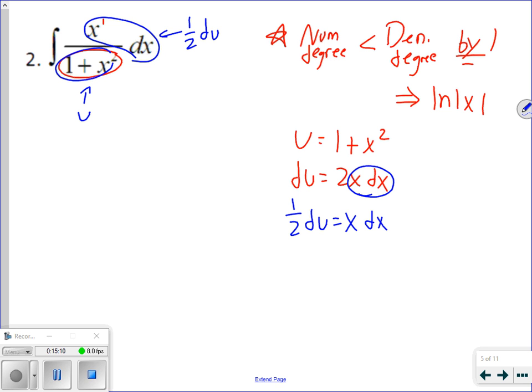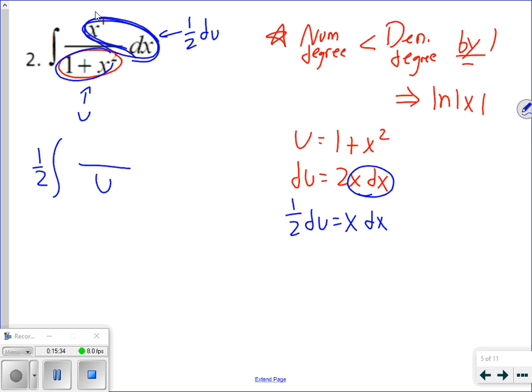So if I set this up in terms of u, I'm going to bring the constant out. So 1/2 comes out. The top part here, x dx, becomes just du. So I got du on top, and on bottom I got just u. Now a better way to write this so you don't get confused is I always write du out to the side.